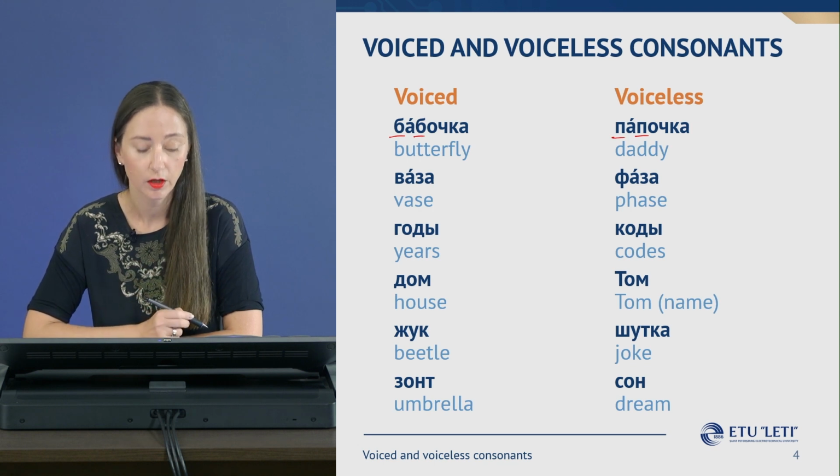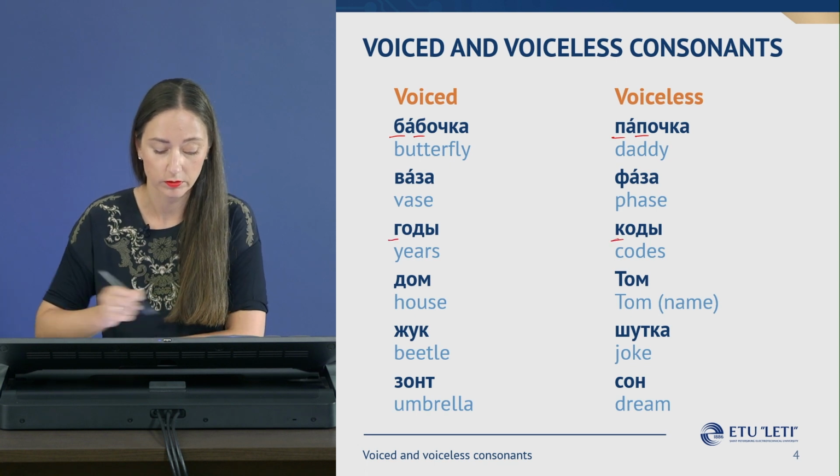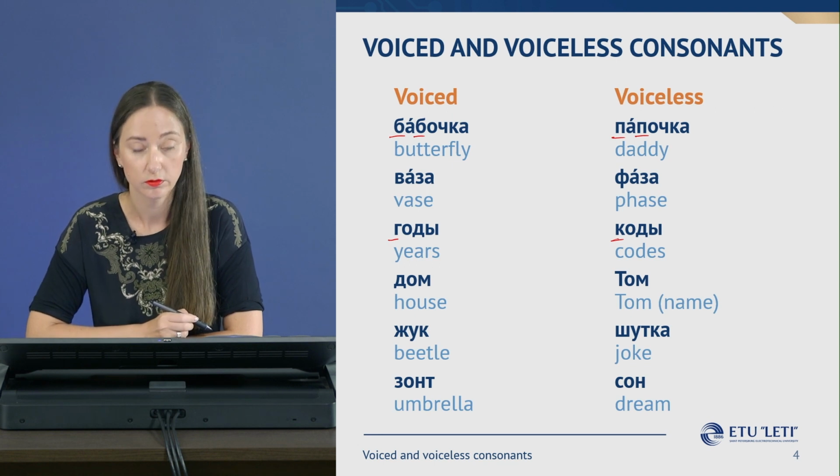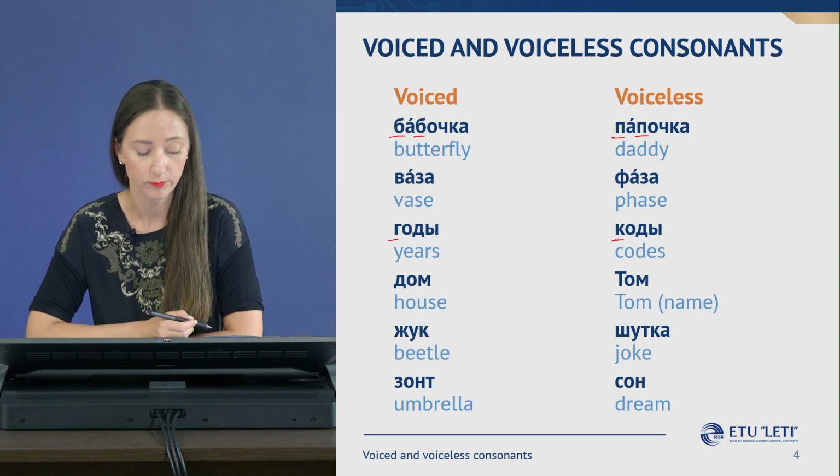The difference. Годы, коды, right? This g, k. Годы, коды. The next line, дом, том. Tom also means a volume in Russian, but it can be just a name. Dom, tom.